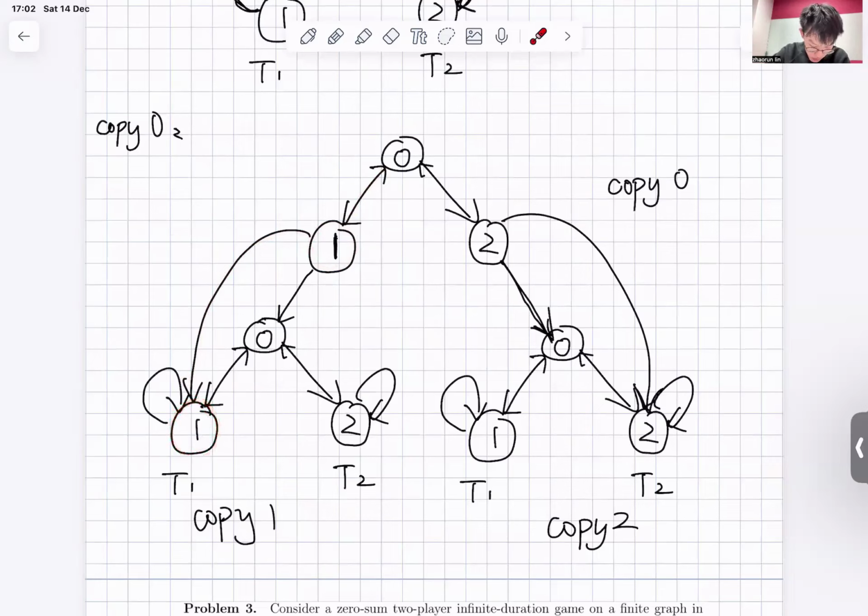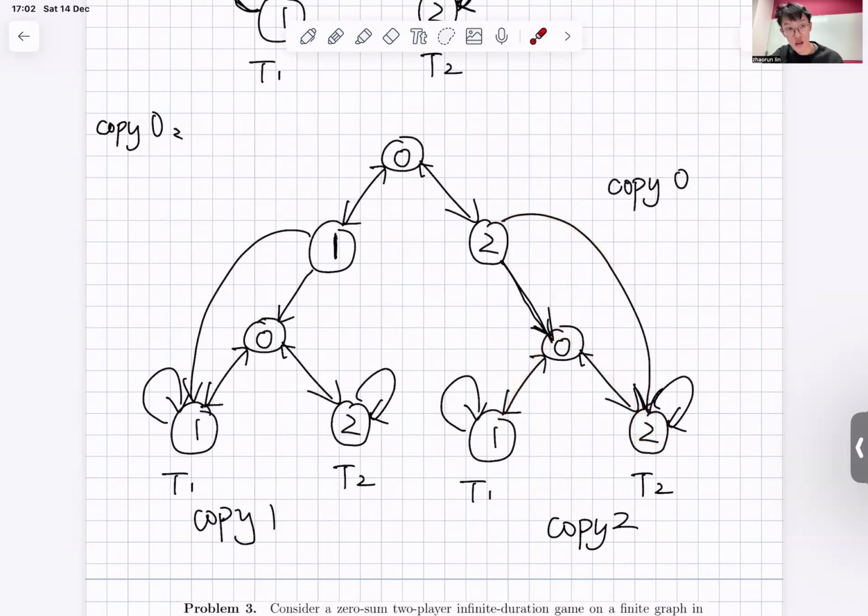Then you can try to find a node in T2. And similarly here, for example, you start at vertex 0, and then you go to vertex 2. You can take this edge to vertex 2 and then start the game at a new copy.